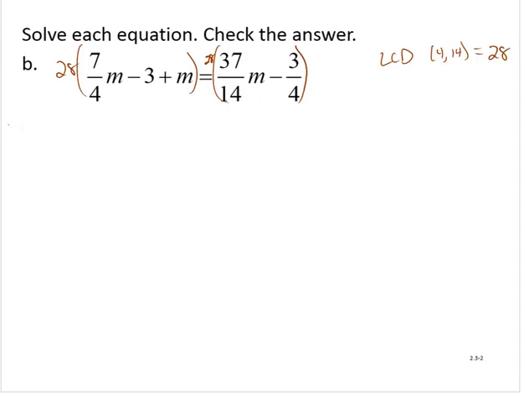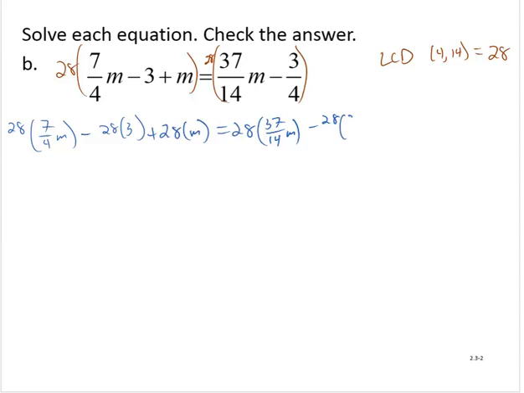Applying the distributive property, I have 28 by 7/4 m plus 28 by 3. That should be a minus 28 by 3 plus 28 by m equals 28 by 37/14 m minus 28 by 3/4.